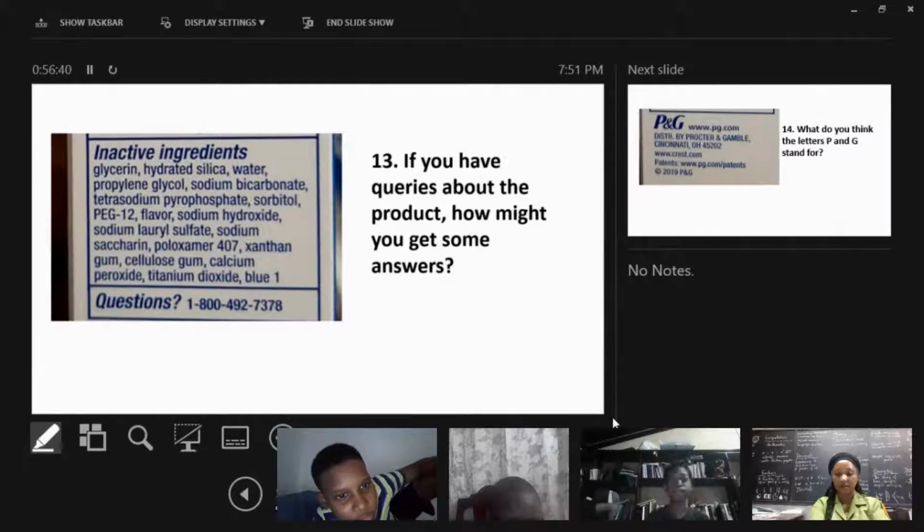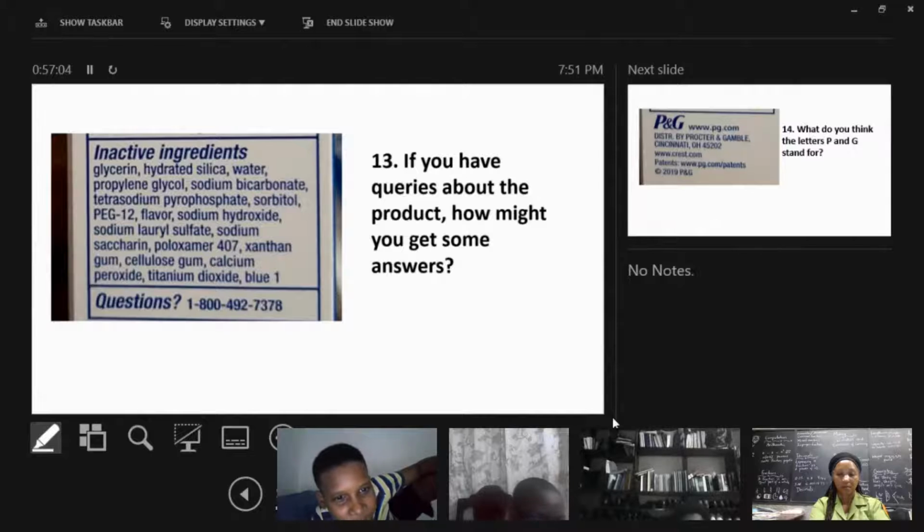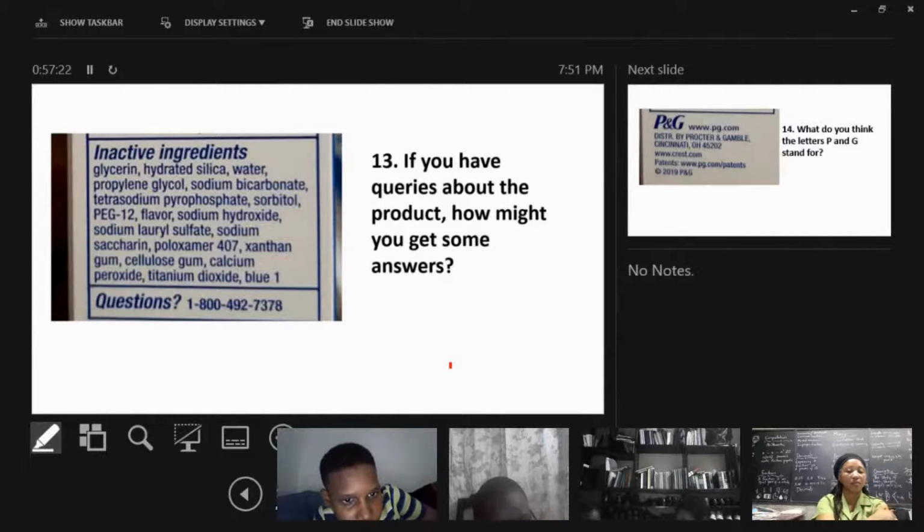Inactive ingredients: glycerin, hydrated silica, water, propylene glycol, sodium bicarbonate, tetrasodium pyrophosphate, sorbitol, PEG-12, flavor, sodium hydroxide, sodium lauryl sulfate, sodium saccharin, poloxamer 407, xanthan gum, cellulose gum, calcium peroxide, titanium dioxide, blue one.